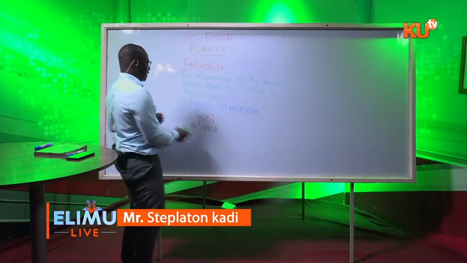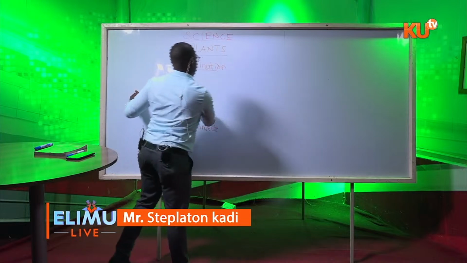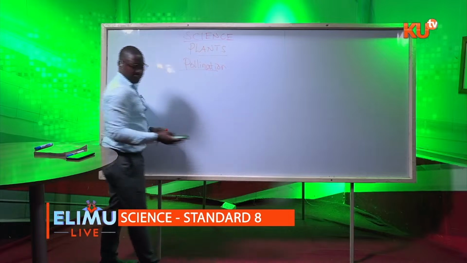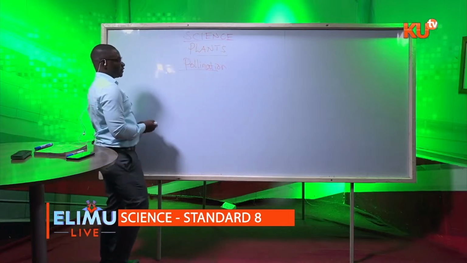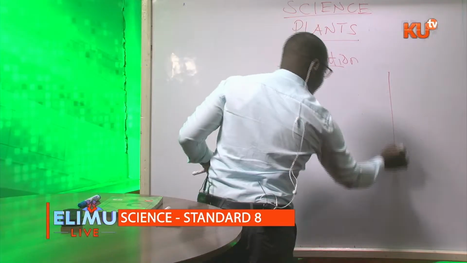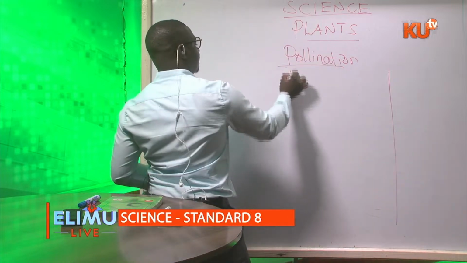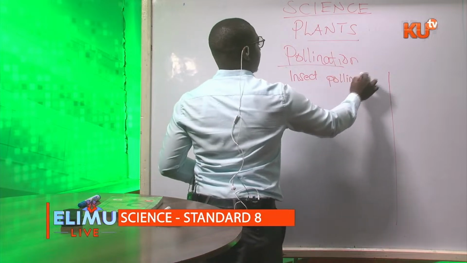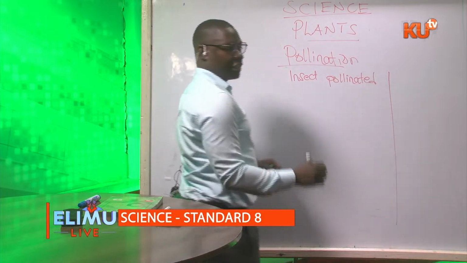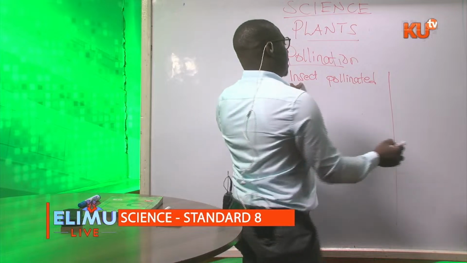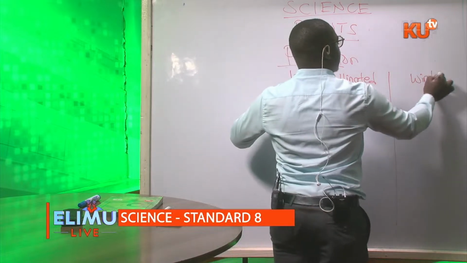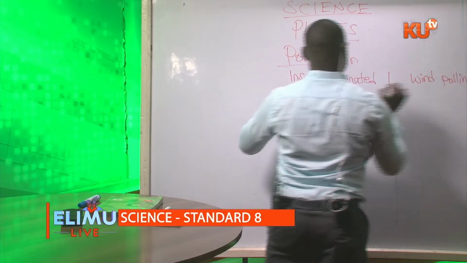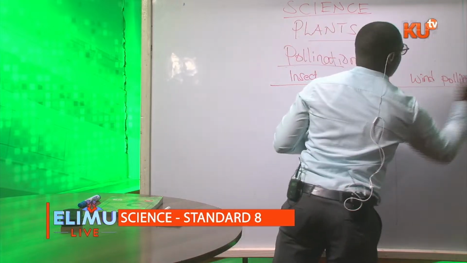We look at the two agents of pollination: insect pollinated flowers, which means their agent of pollination is insect, and wind pollinated flowers, which means the agent of pollination is wind.